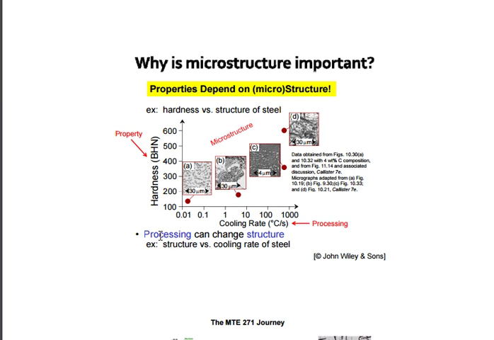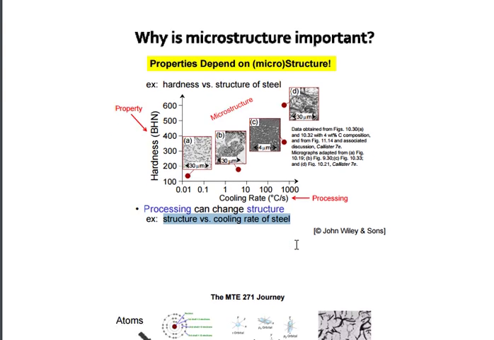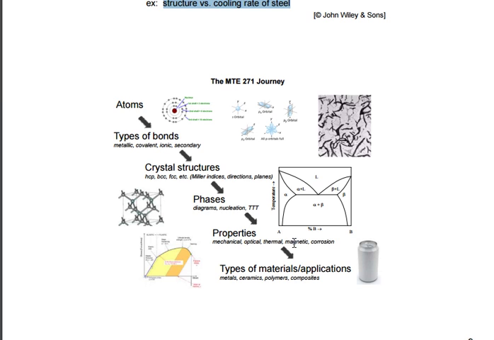If you alter the processing, you get a different microstructure and your property can be altered. So processing can change the structure. This is structure versus cooling rate of a steel. Okay, let's look at the next one.